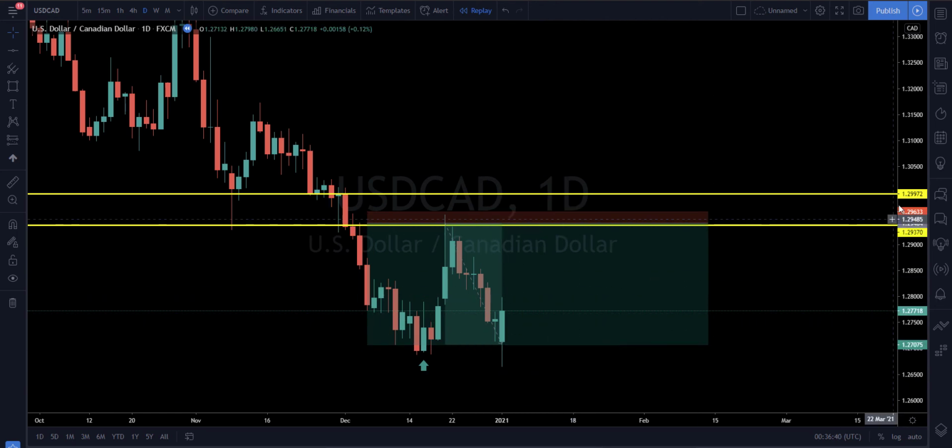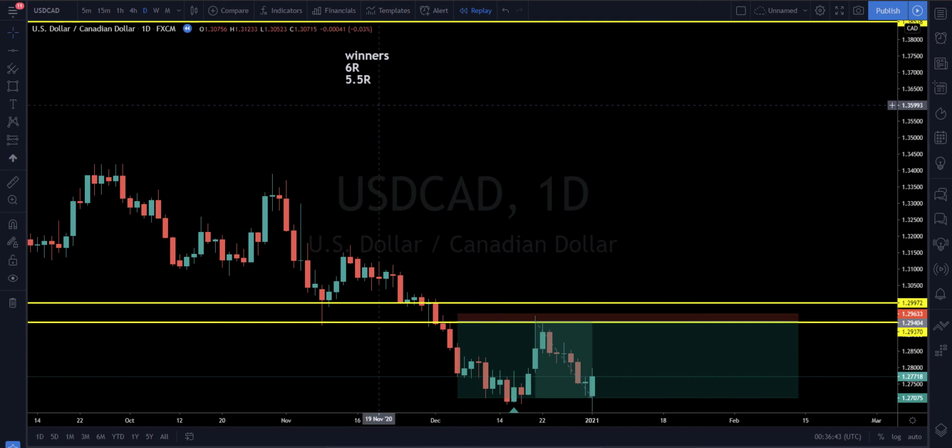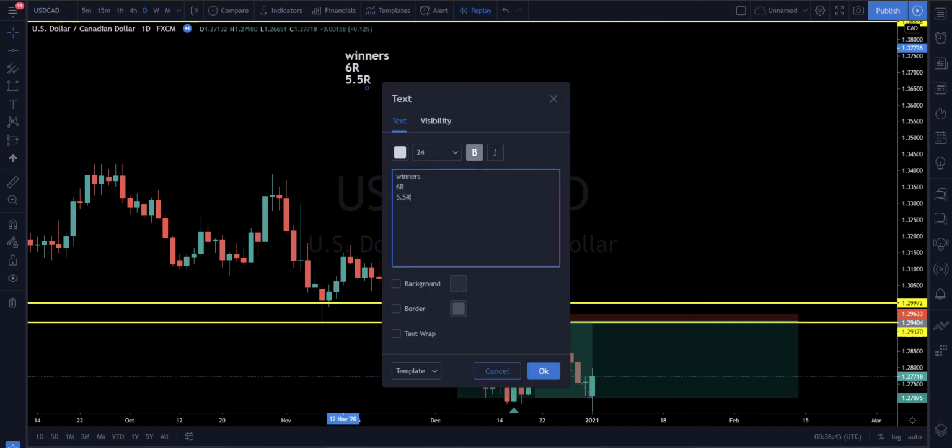So we have here risk to reward 1 to 10. So that's amazing. We want 10R. So if you were to risk $10, what do we have here? 10, 15, 21.5 R winning.